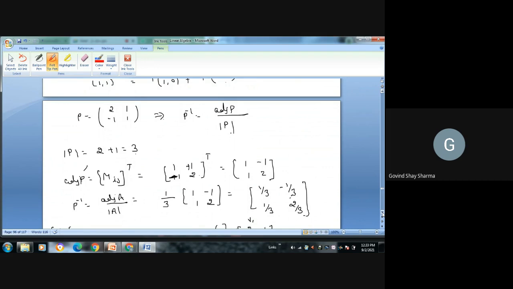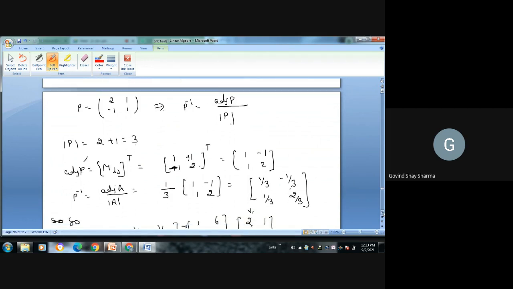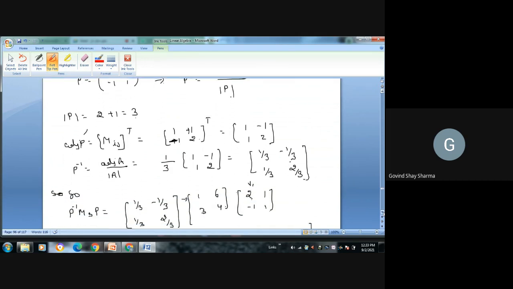That is, P inverse is equal to adjoint P upon determinant P. So it becomes 1 upon 3 and adjoint P. So we find P inverse.